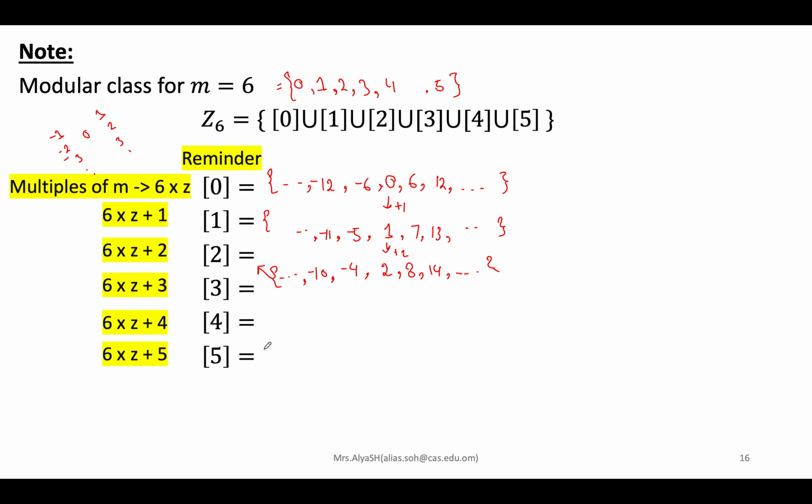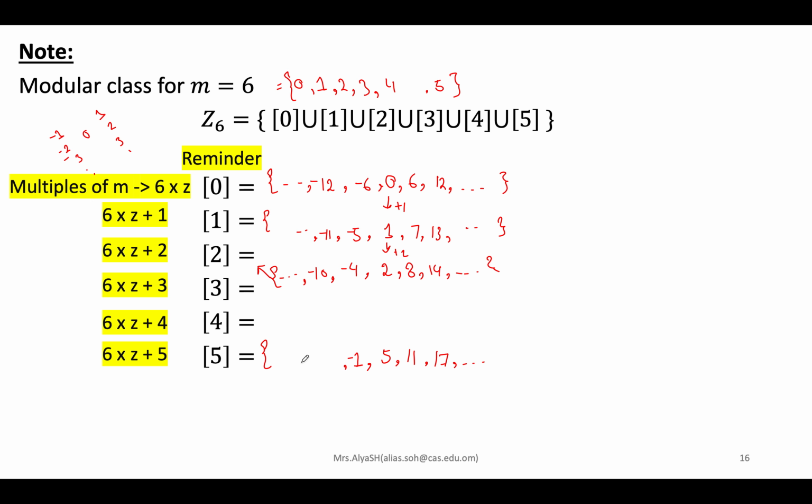For example, let's find the elements of 5. 6 times 0 is 0 plus 5, so we start from 5. 6 times 1 is 6 plus 5, 11. 6 times 2 is 12 plus 5, 17. And from here, 6 times -1 is -6 plus 5, which is -1.